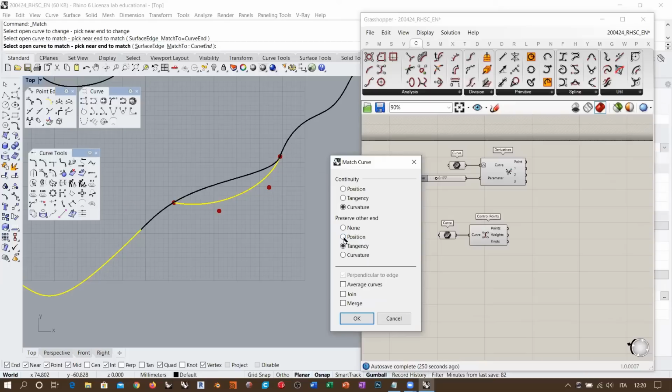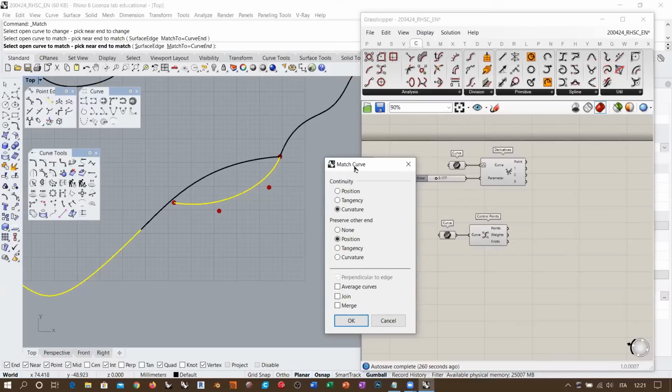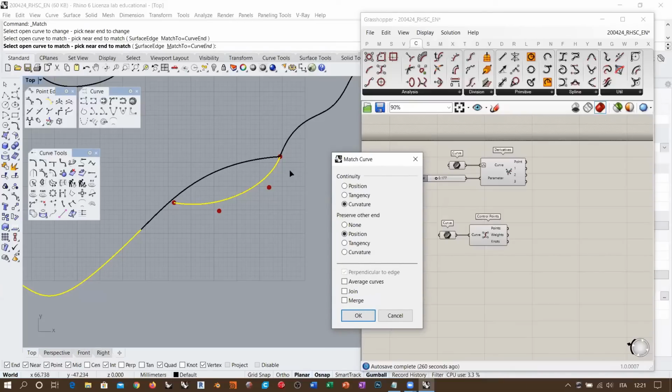But if I do position here, you see that I lose tangency, okay? So in order to use the match curve, I must also understand that I need to take into account what topological changes are happening inside the curve. Now, the match curve is a command that dynamically can adjust the topology to the desired level of continuity.